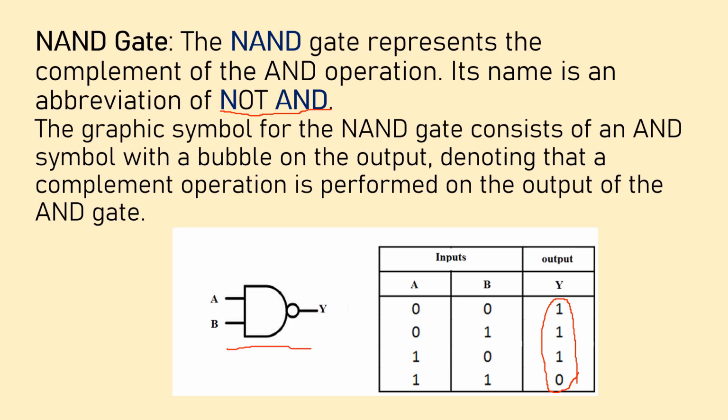There is an AND gate followed by a NOT gate, and it produces the output Y, which is (A dot B) whole bar.